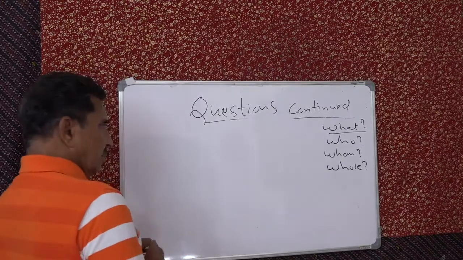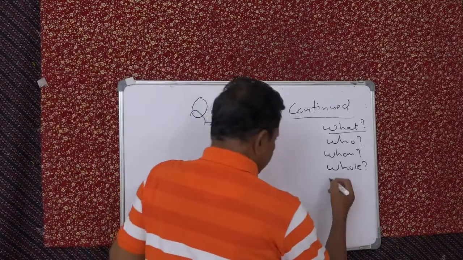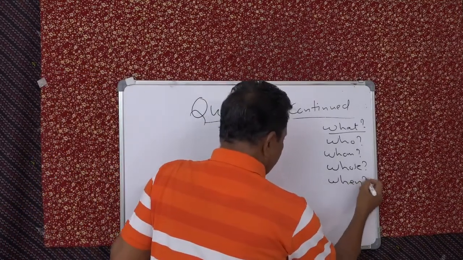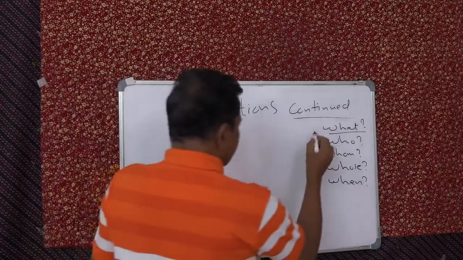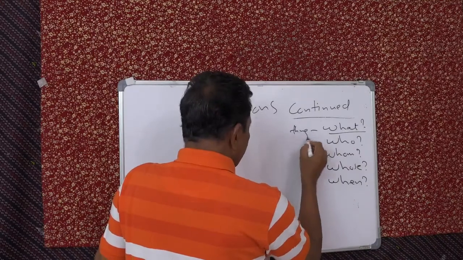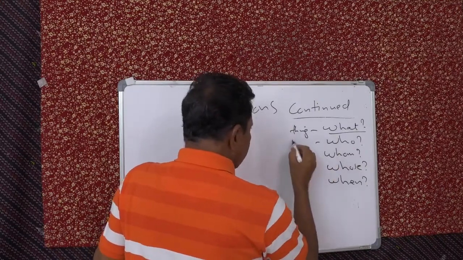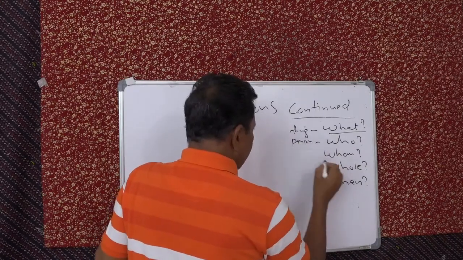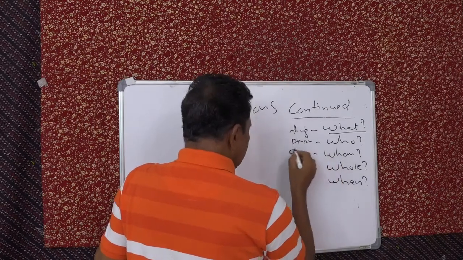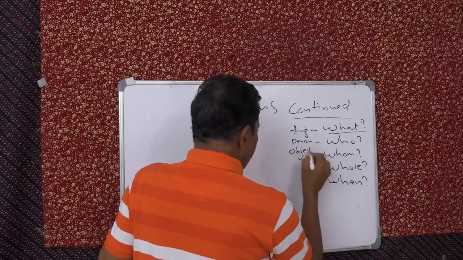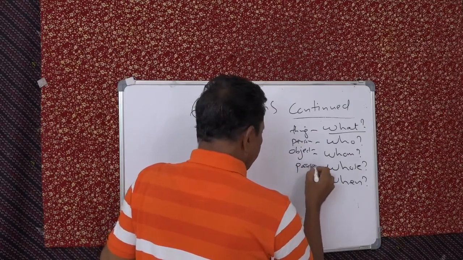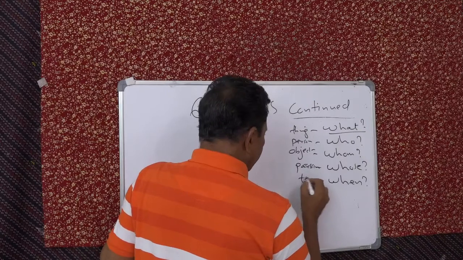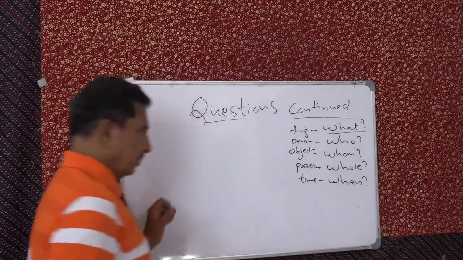You have got whose. Next question, when? Time. When will tell. Here what? Thing. Instead of things. Who? Person. This is object. Whom. This is possession. And this is time.